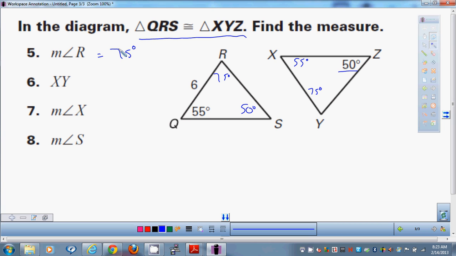Very good. XY, QR. And what is it? Very good. What is the measure of angle X? Blake. Very good. And what's angle S, Blake? Very good. Questions about where we got any of that?